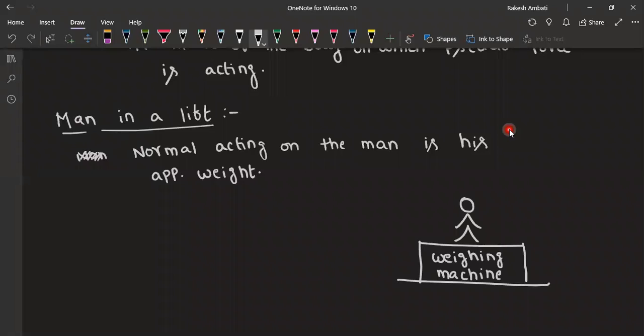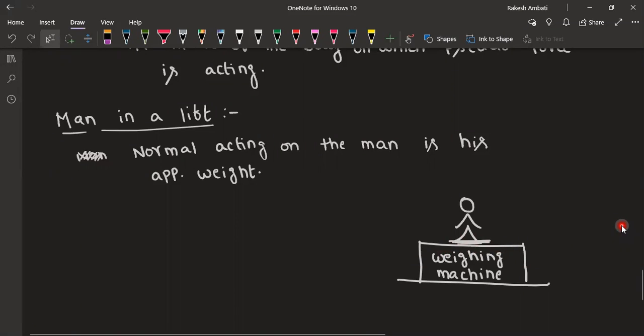In this case there are two surfaces in contact, the weighing machine surface and the feet of the man. So it is the contact surface. If two surfaces are in contact, then between them normal force will be present.